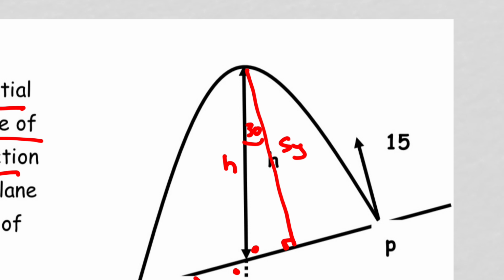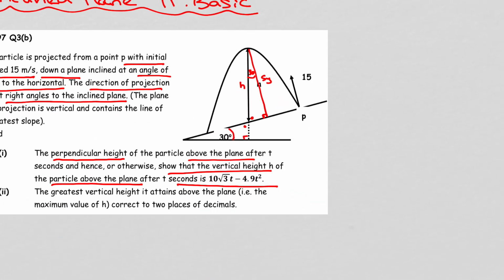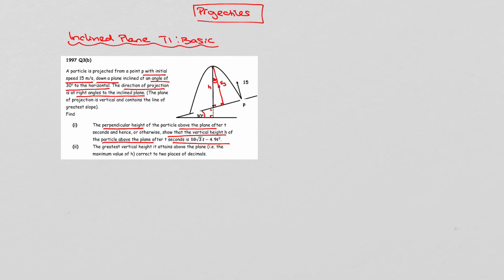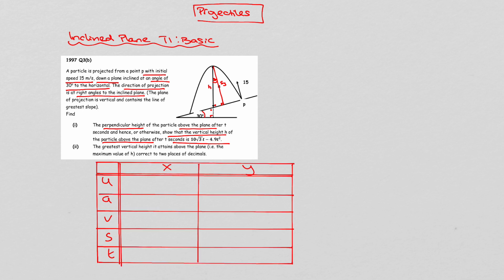Okay, so let's make out our table. So we're going to have U, A, V, S, and T in the X and in the Y direction. We know that our initial velocity is always given by U cos alpha in the I direction and U sine alpha in the J direction. And when we're going down the hill, we also have to resolve our gravity.